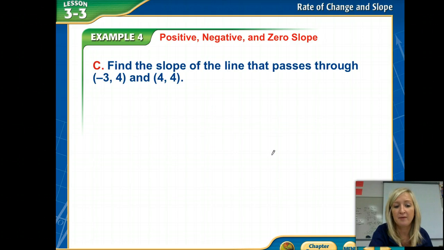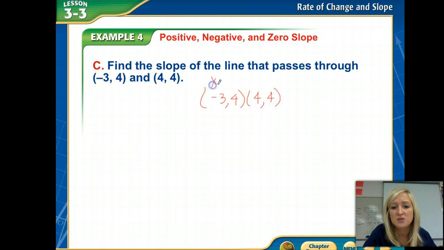Next example. I have -3, 4, and I have 4, 4. x1, y1, x2, y2. Well, when I solve this one, y2 minus y1 over x2 minus x1.